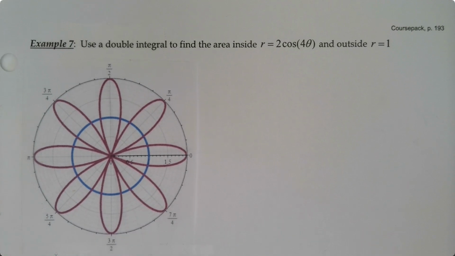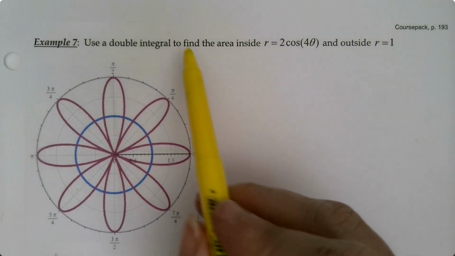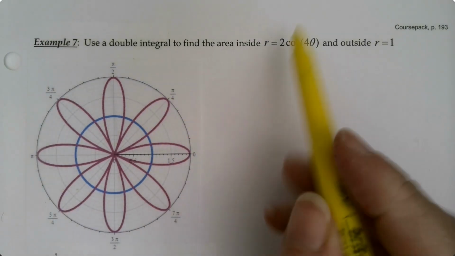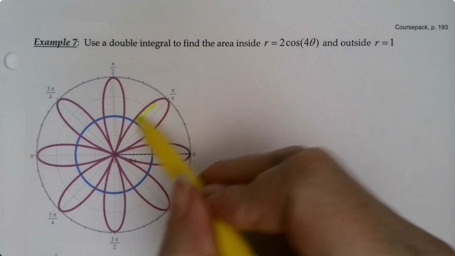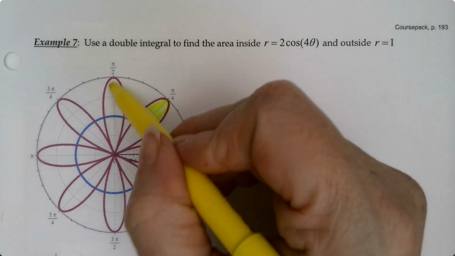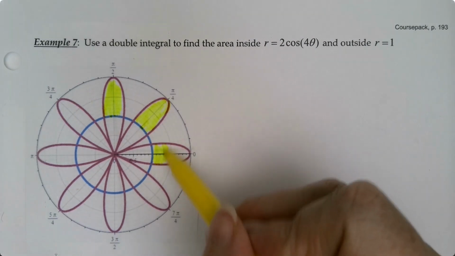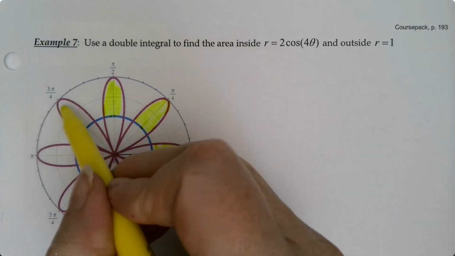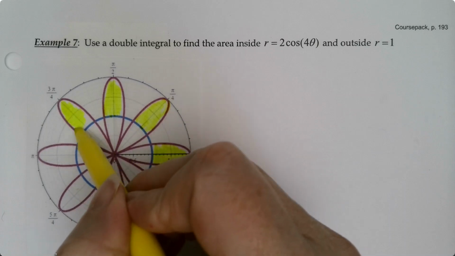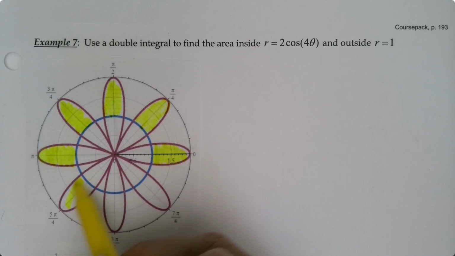There we go. All right, so we want all of the regions. So to find the area inside that lovely, lovely rose, but outside r equals 1 is a lot of places, right? Because there are so many sections where that is the case. But of course, we're trying to find area.